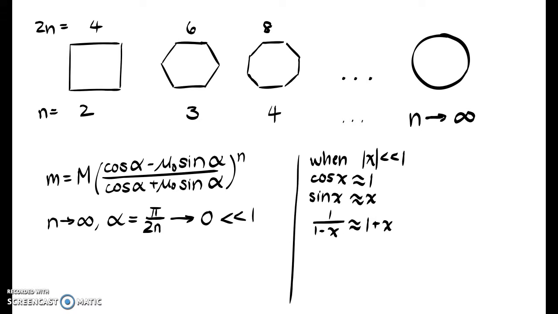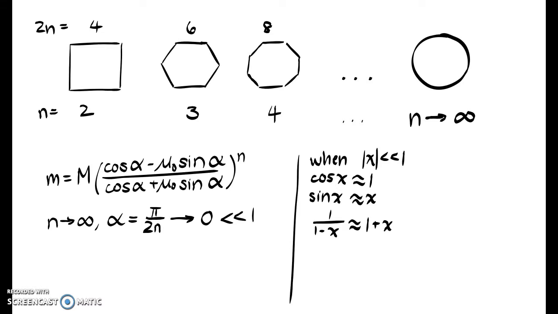Now that we've established that, we can look back to some of the helpful tips that were given to us at the beginning. So we see that alpha perfectly fits the requirement for x, namely it's much smaller than 1. And so then cosine of alpha becomes approximately 1, and sine of alpha becomes approximately alpha.